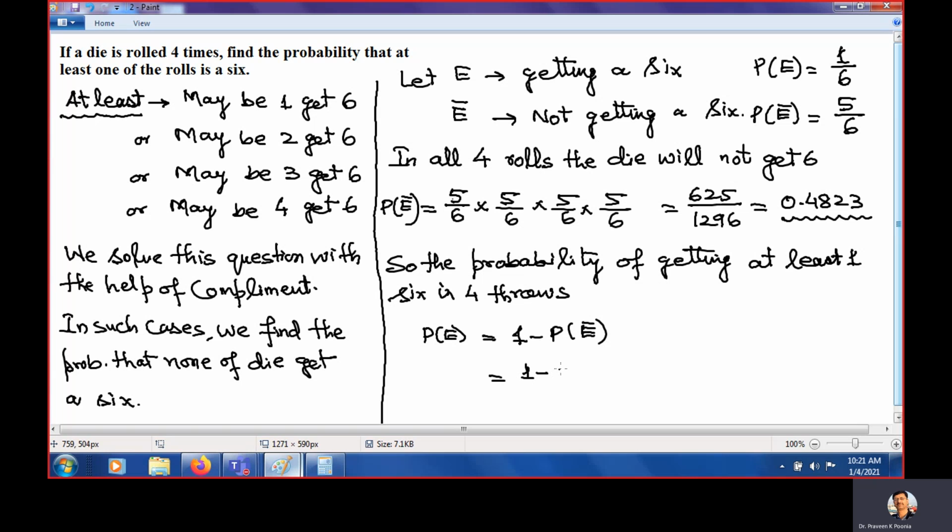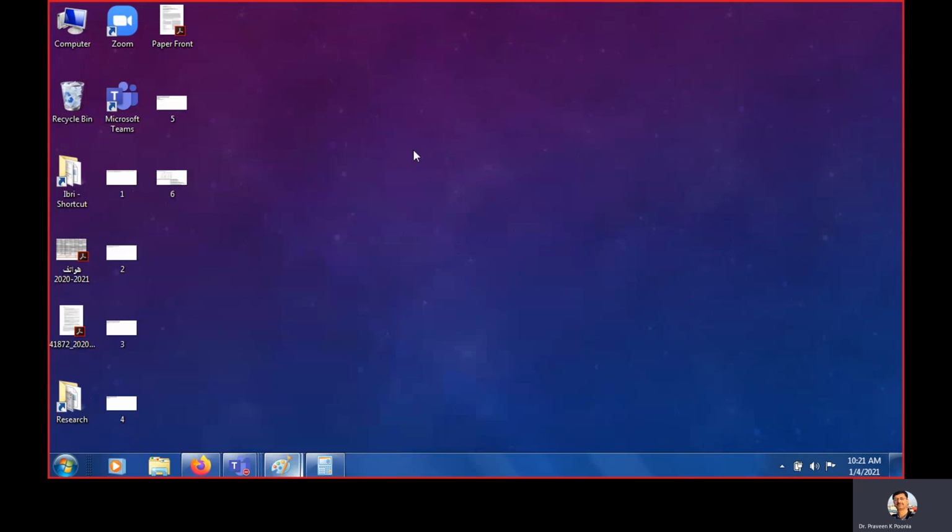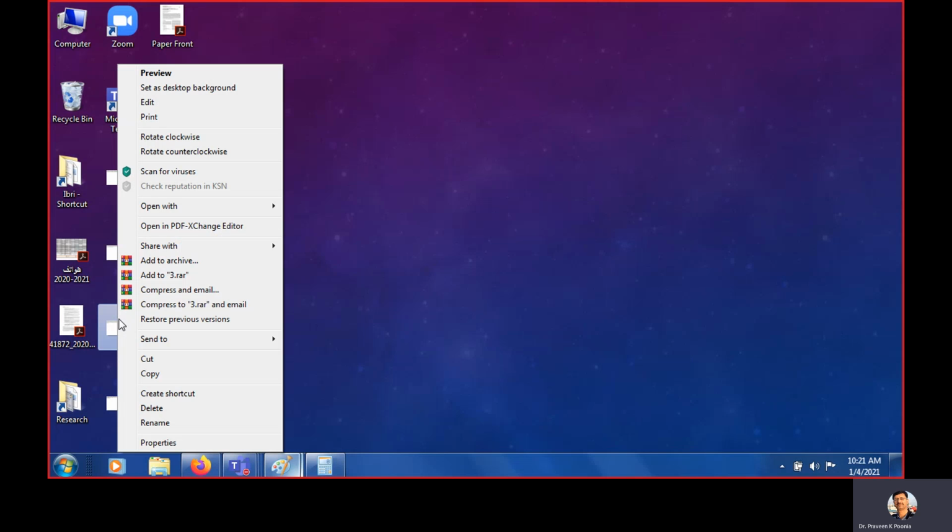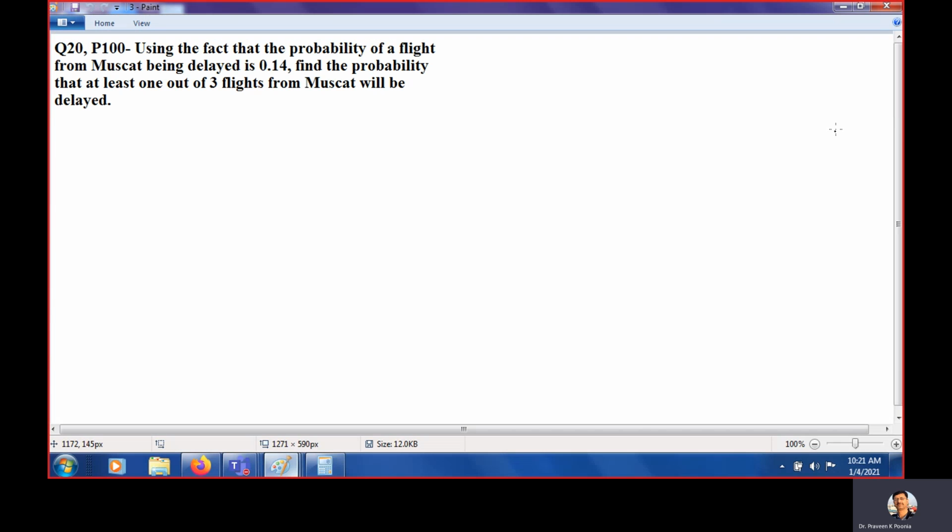So 1 minus 0.4823, and if you subtract it, it will be 0.5177. So this is the probability of getting at least one 6. Clear?